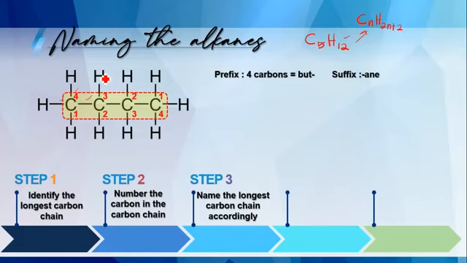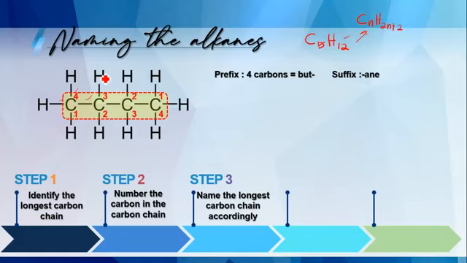The prefix for 4 is but. I believe you came across this in our previous lecture, how prefixes are used to indicate the number. 1 is meth, 2 is eth, 3 is prop, 4 is but, and so on. So I hope you can refer to your previous notes.